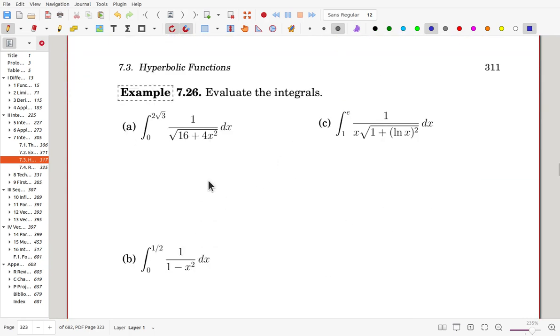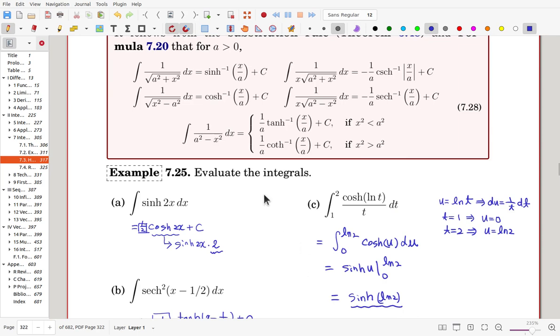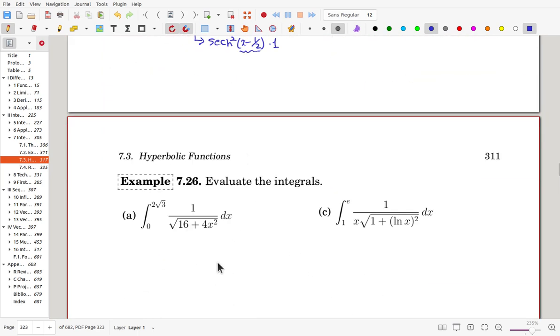Now we'll evaluate the integrals by using the format given. The integrand looks like a sum of squares, right? So we have to match the format.